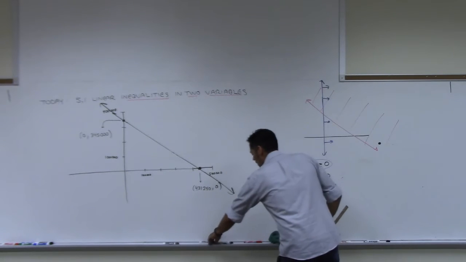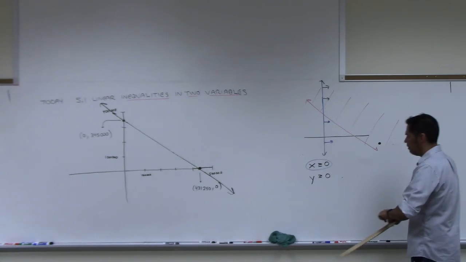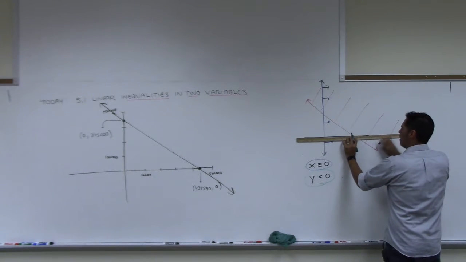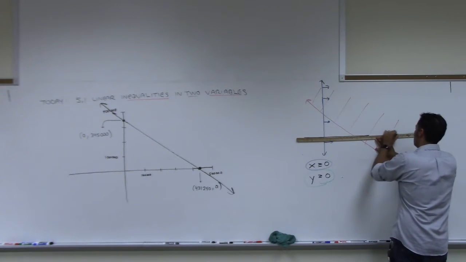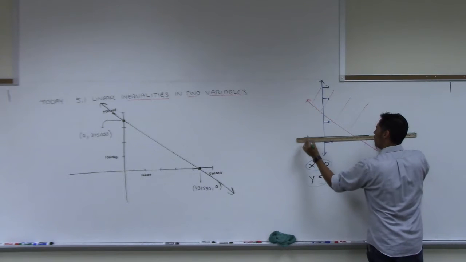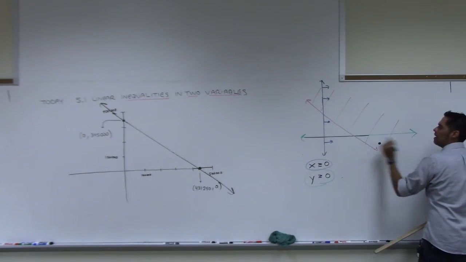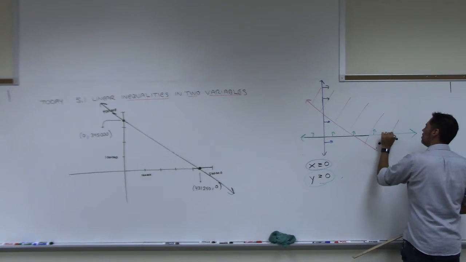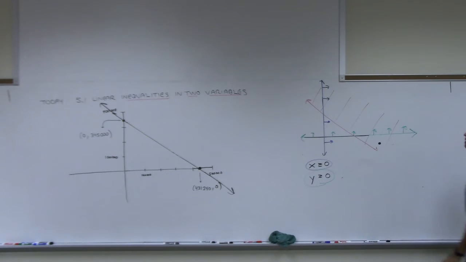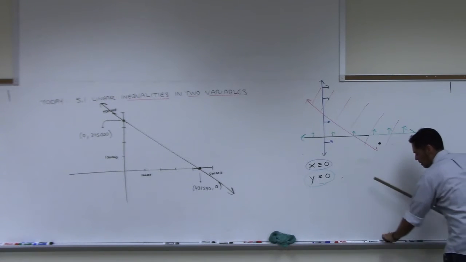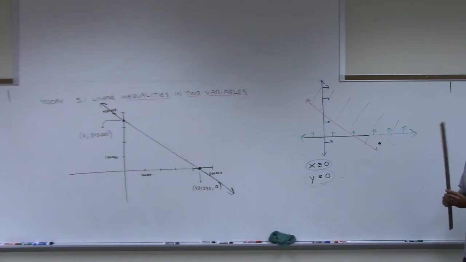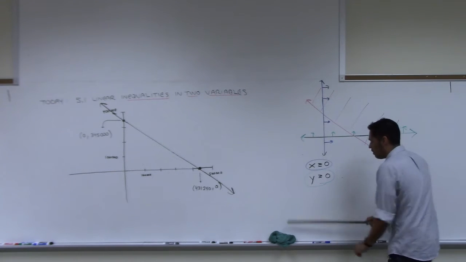And then what about y being greater than or equal to 0? It's this, right? This line. And it's everything above that, right? I know this is starting to look like a mess, but you with me? Okay, back to this red one.